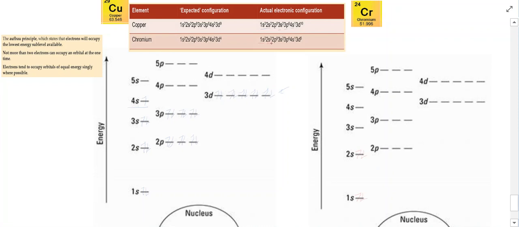Then you have 2p, which fills up completely. Then you have the 3s, which fills up completely. Then you have 3p, which fills up as well.